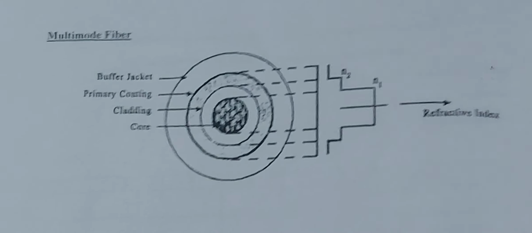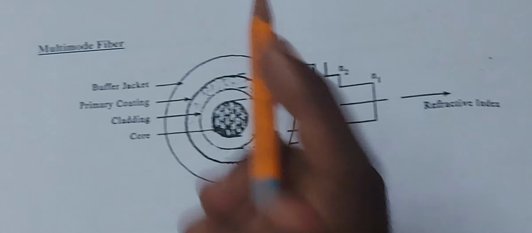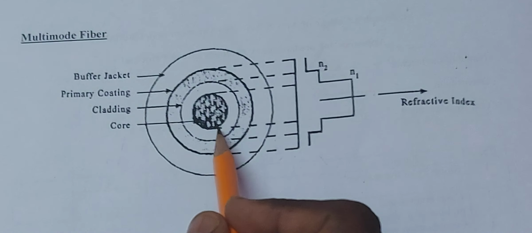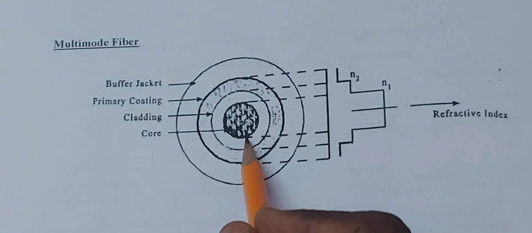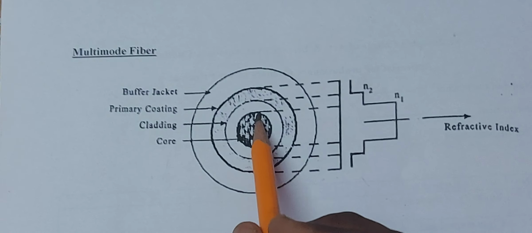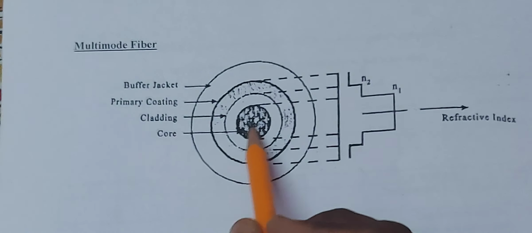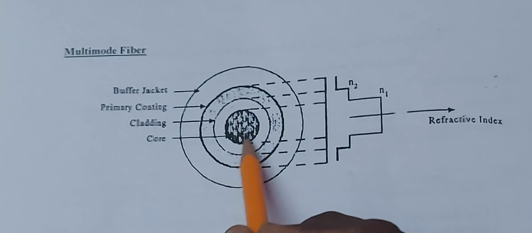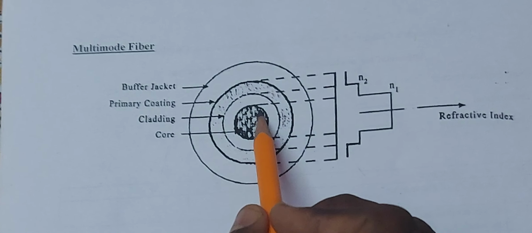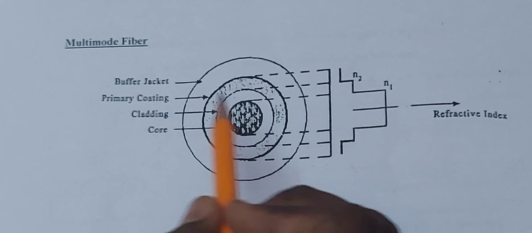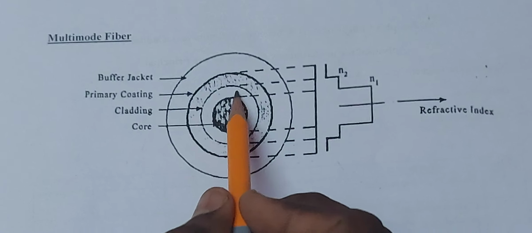Next we will learn about the multi-mode fiber. The reverse of the single mode is the multi-mode fiber. Here the diameter of the core is very large. Look at the diagram, the black dot is very large. This is the core, and it is very large. The cladding diameter is very small.